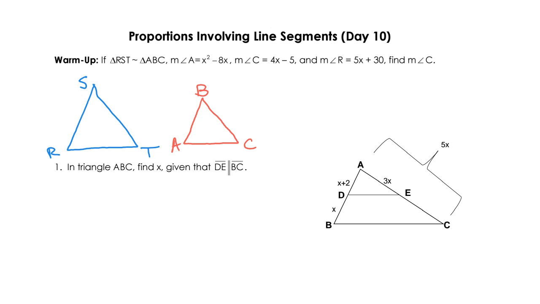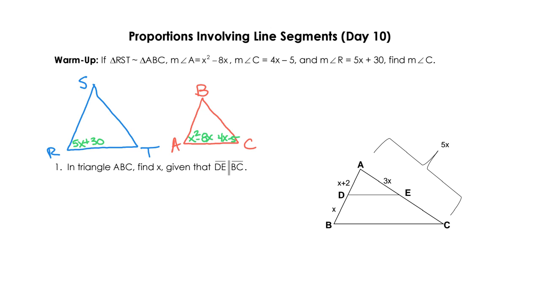They're going to tell me that angle A is x squared minus 8x, and that angle C is 4x minus 5, and that angle R is 5x plus 30. And they want me to find the measure of angle C. So before I find the measure of angle C, I have to solve for x.